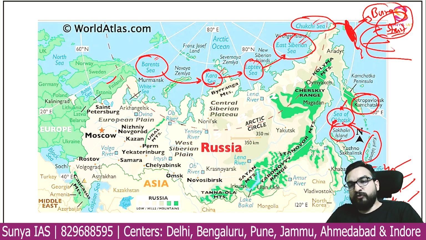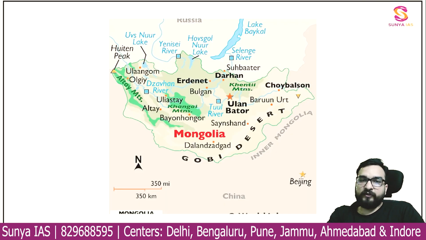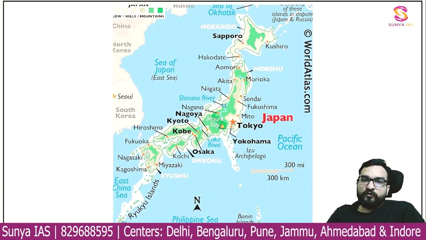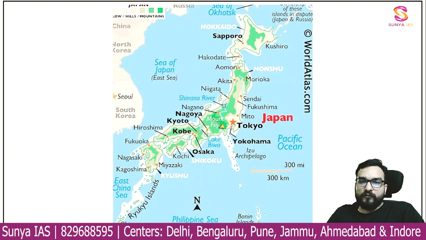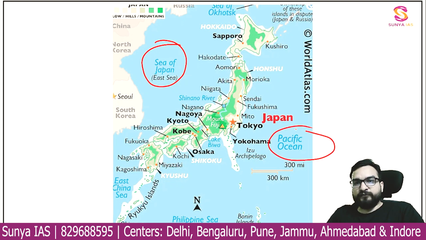This is Hokkaido. This is Honshu. Let me show you the Japan map, guys. Hokkaido, over here Honshu, Shikoku, Kyushu. In this particular area, you will find the Sea of Japan. This everybody knows. Sideways, you have the Pacific Ocean, which has started. Understanding?